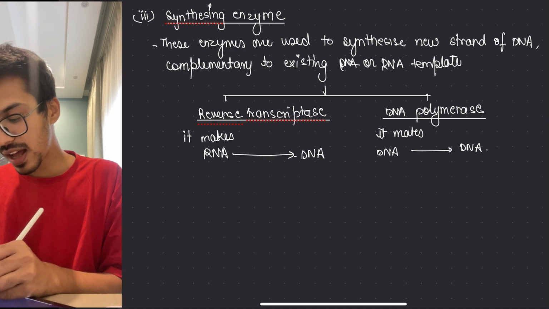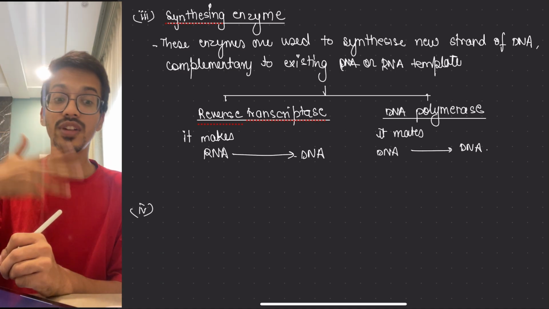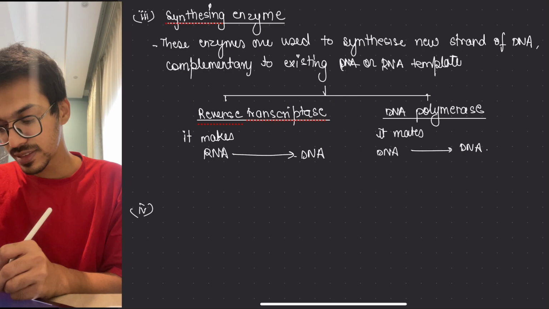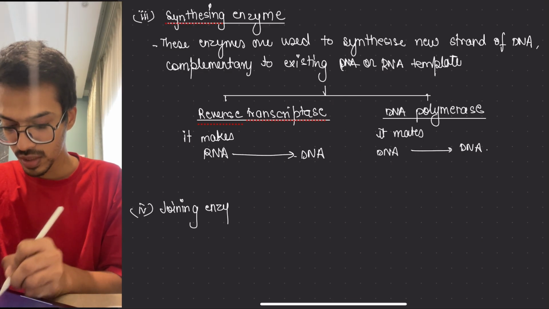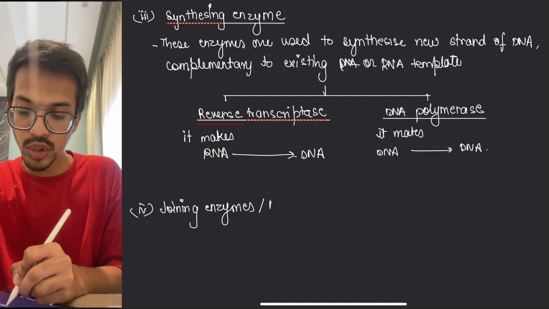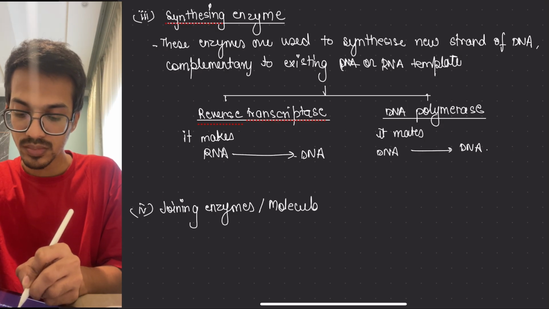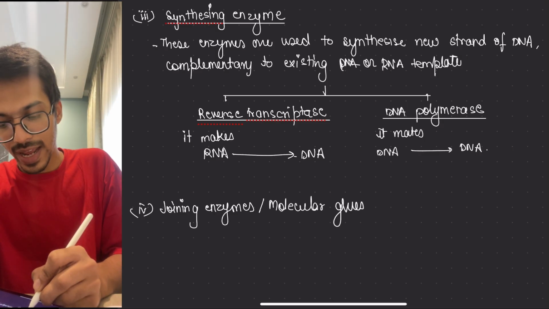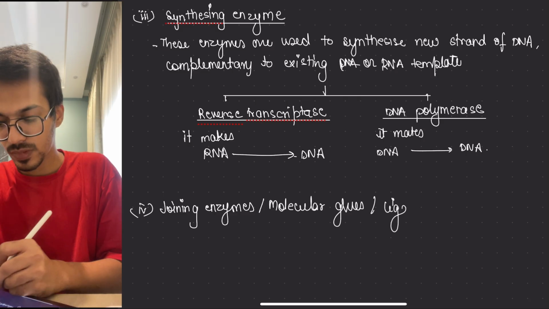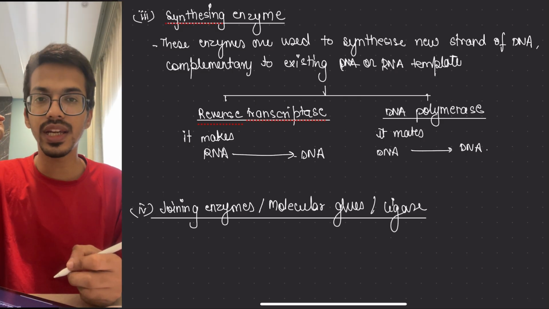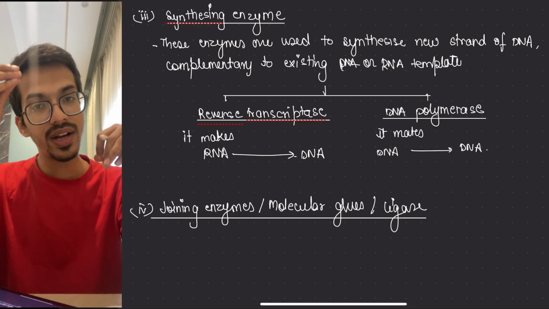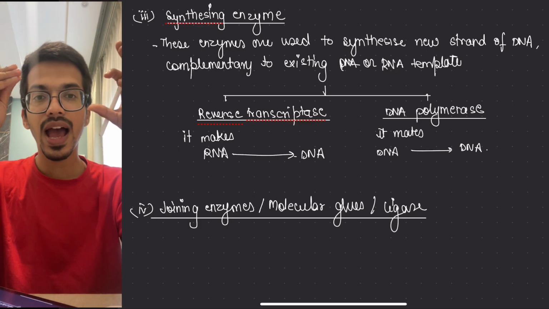After that, the last thing is the presence of ligase enzymes, or the joining enzymes. These joining enzymes are called molecular glues, or ligase enzymes. They help in joining the fragments of DNA. You know that you will have one fragment, the gene of interest, and the vector.